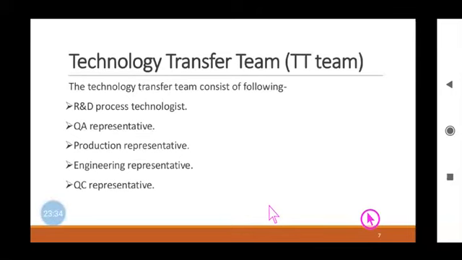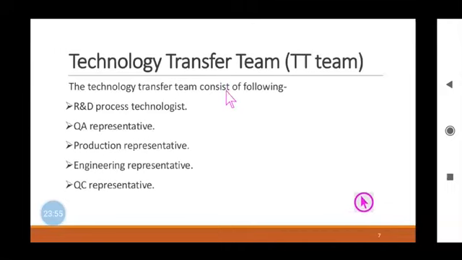So, the technology transfer team. This is the second point we have. The technology transfer team consists of the following: R&D process technologist, QA representative, production representative, engineering representative, QC representative.